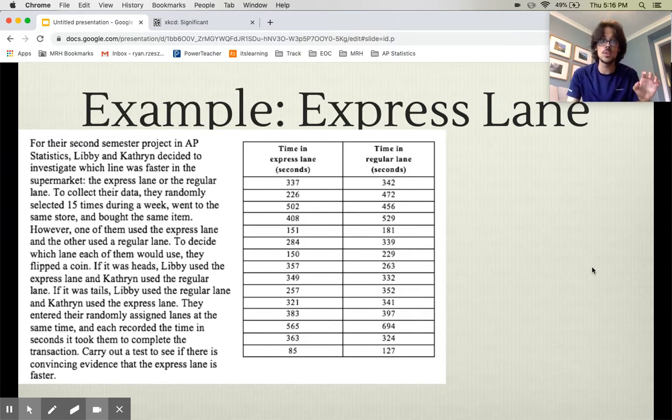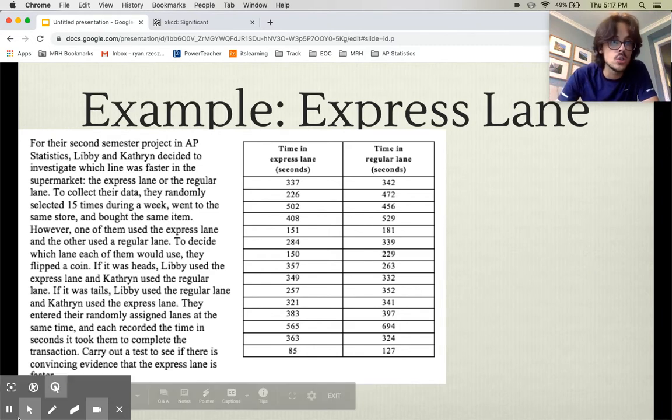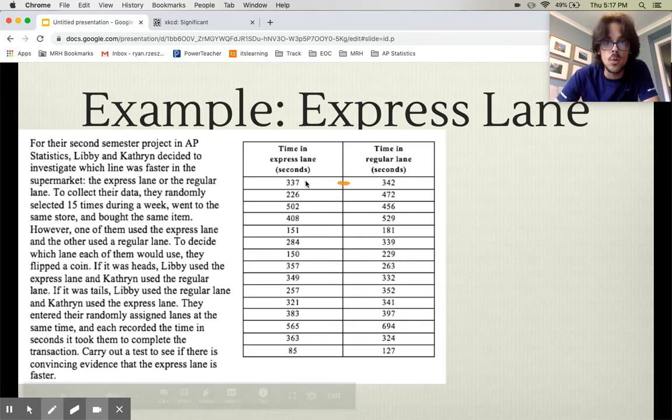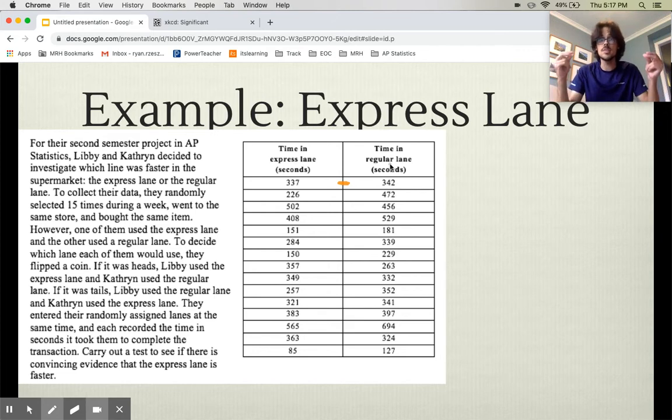One person went into the regular lane, one person went into the express lane, and their matching times are shown side by side right here. So these two times are when one girl went in the express lane and one girl went in the regular lane at the same time. Those two numbers are linked together.